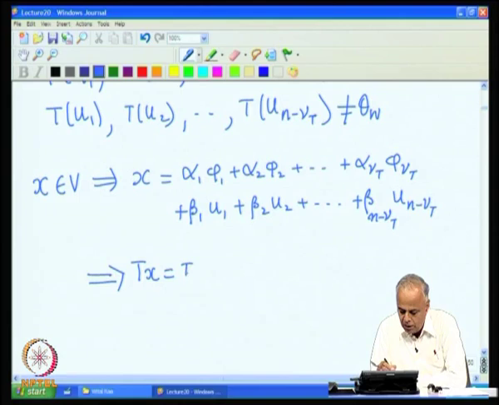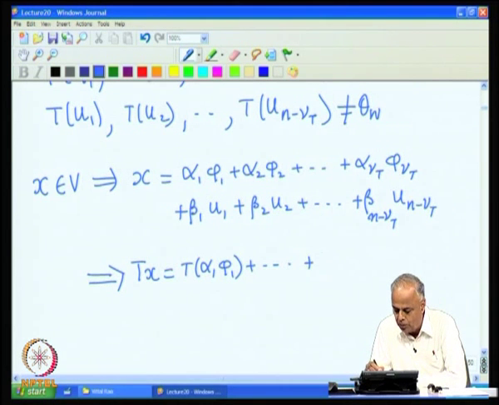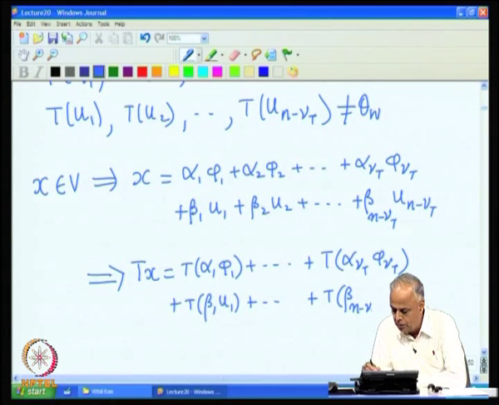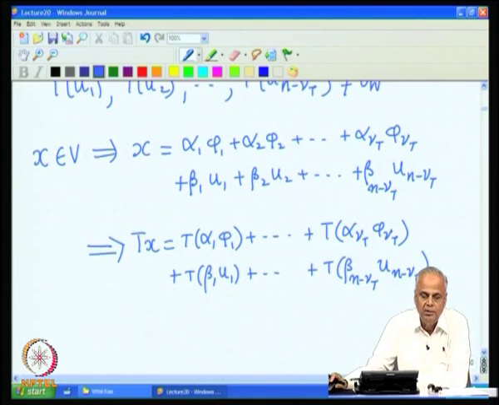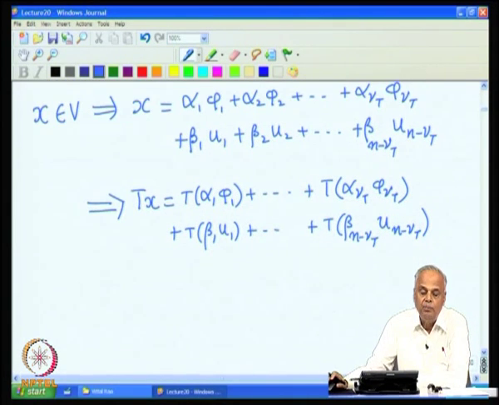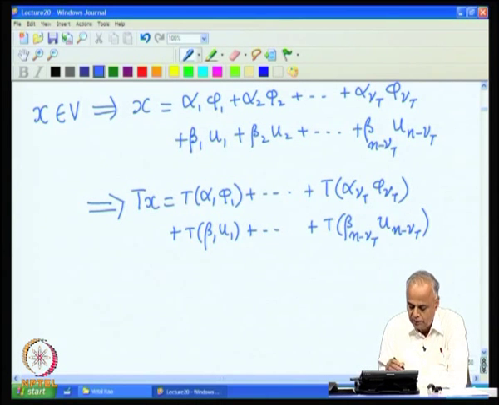So, this will be T of alpha 1 phi 1 plus T of alpha 2 phi 2 plus T of alpha nu t phi nu t plus T of beta 1 u 1 plus T of beta n minus nu t u n minus nu t. This is because T is a linear transformation, and therefore, T of a sum is the sum of the T's.